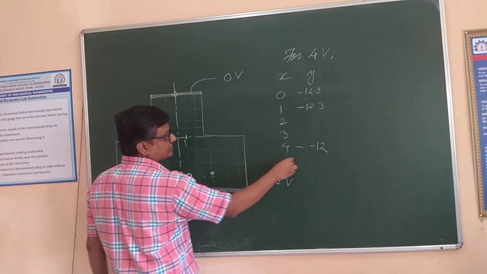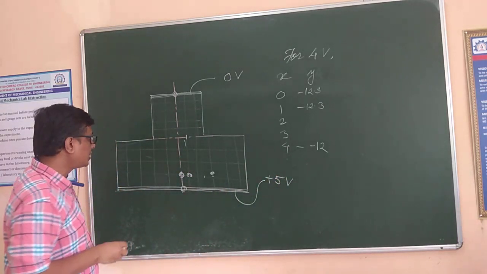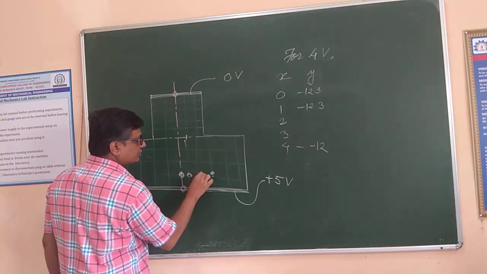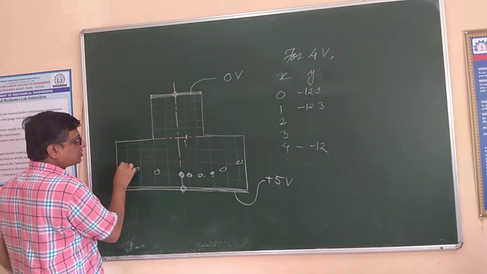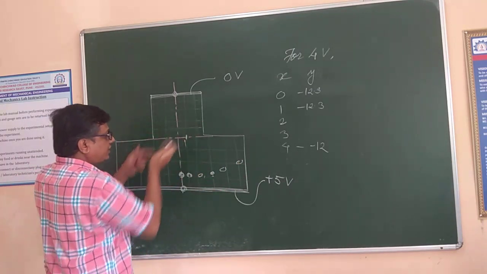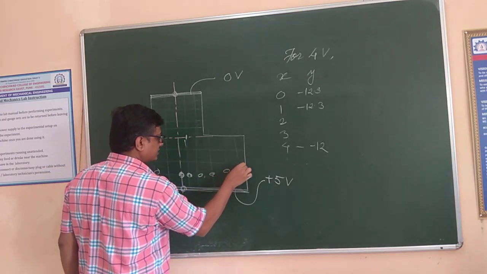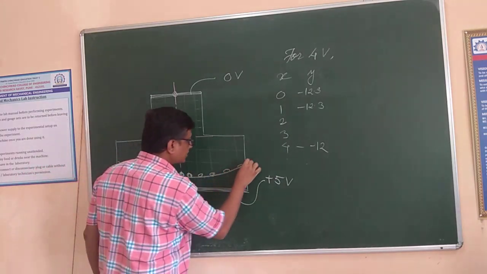If I take down the different points and plot all of them on the graph paper, I will get a curve something like this. Actually these points will be more curved as I go ahead in the forward direction; here they will be a little flat. If I join all these points by a smooth curve, I will get a curve like this.